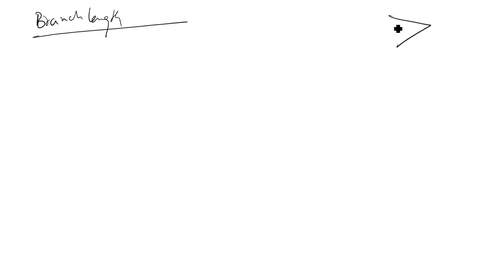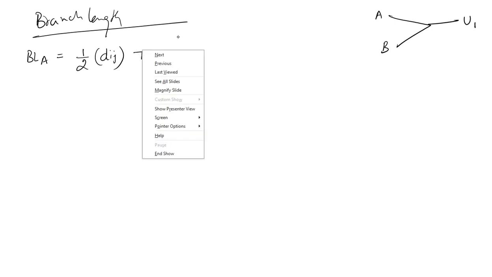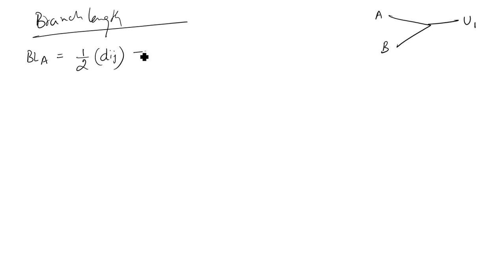Branch length of A and B. Previously we named it U, now I am naming it U1. So if you calculate the branch length of A, the formula is very simple: 1 by 2 Dij plus (Ri minus Rj) divided by 2(n minus 2).